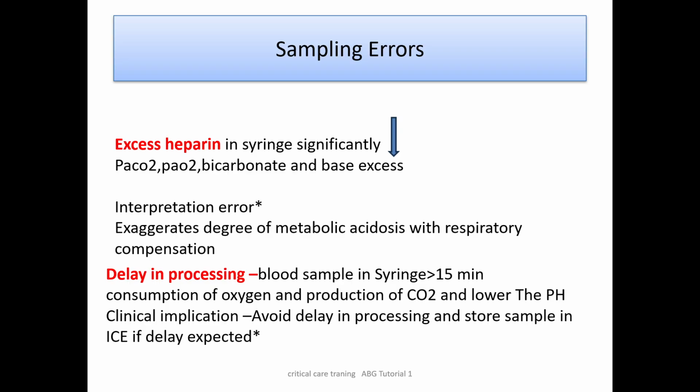But if the blood sample stays in the syringe for more than 15 minutes, the blood being living tissue, the RBCs will utilize the oxygen and produce carbon dioxide, and that's why delay in processing will affect your interpretation of these important values. How to avoid it? Of course, you put the sample in ice so the metabolism is delayed, and process the sample as early as possible.